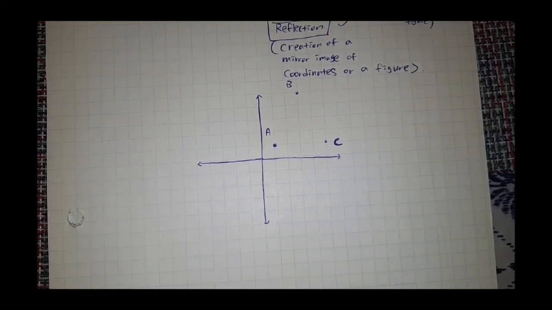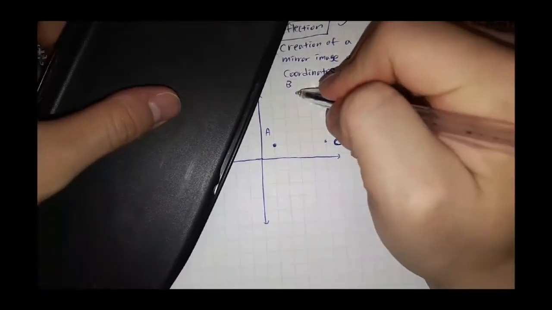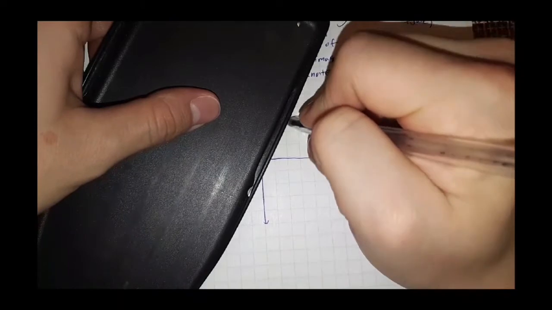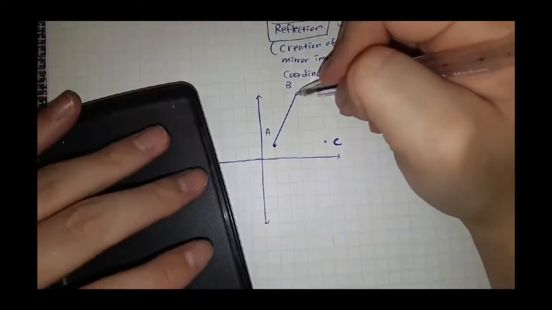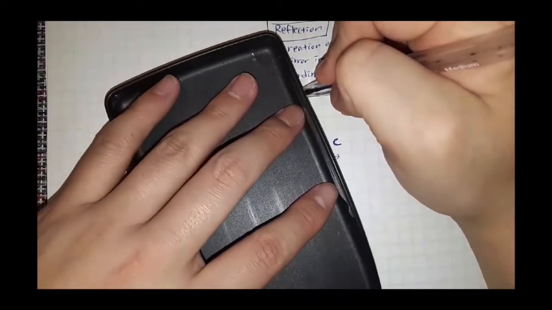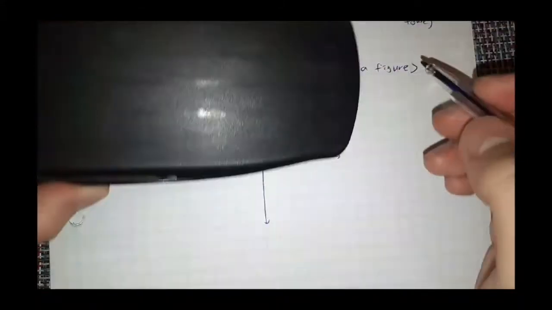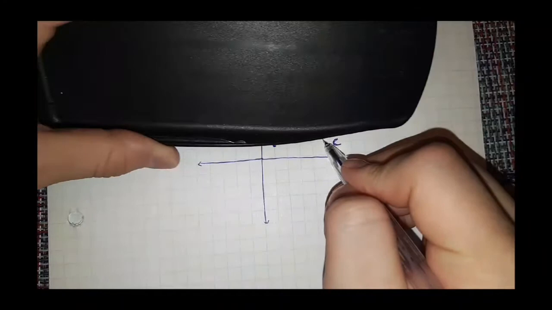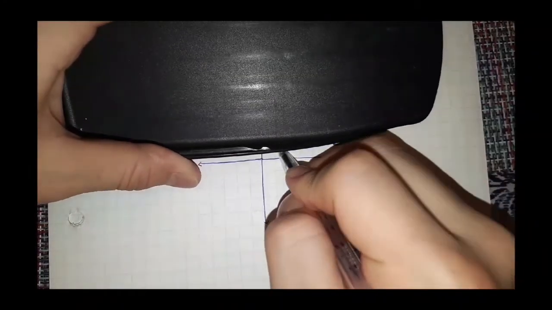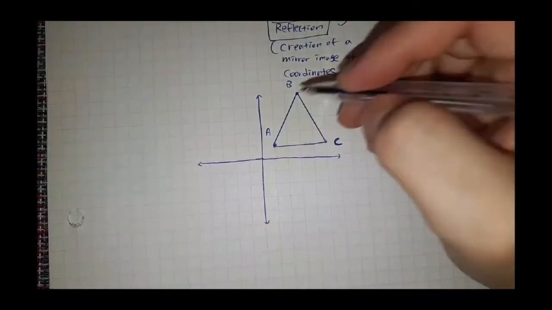It's generally a good idea to use a ruler, which I don't have, so I'm going to use any type of straight object that I can use. Like that.